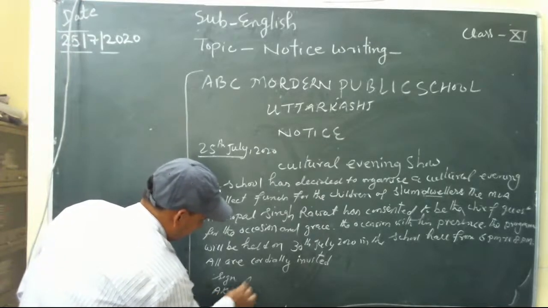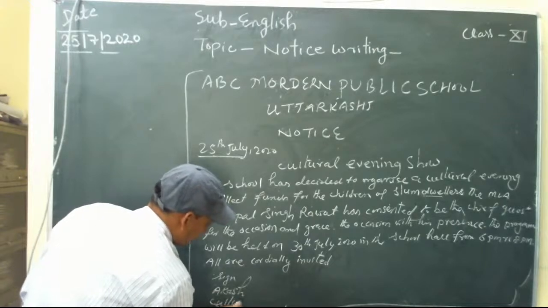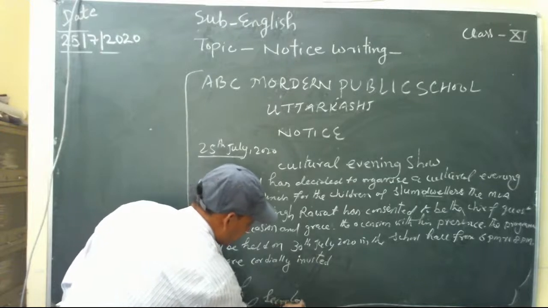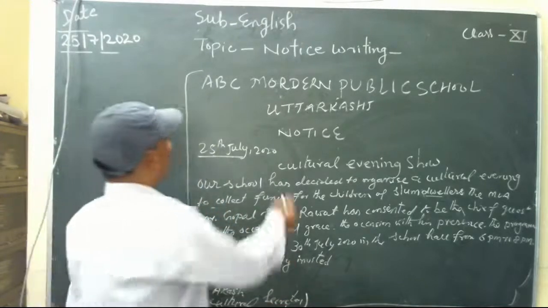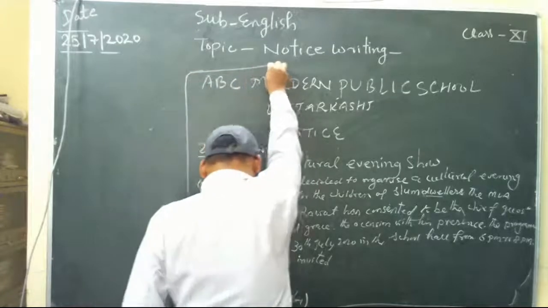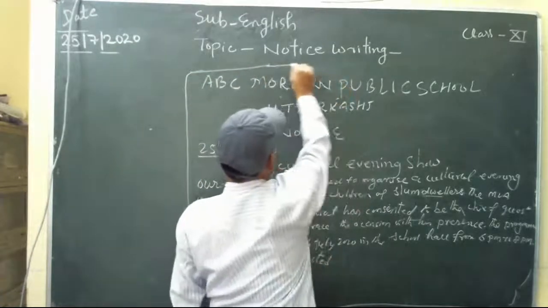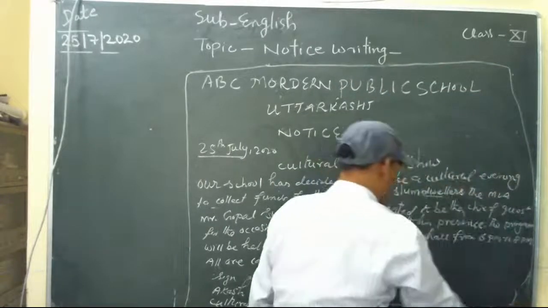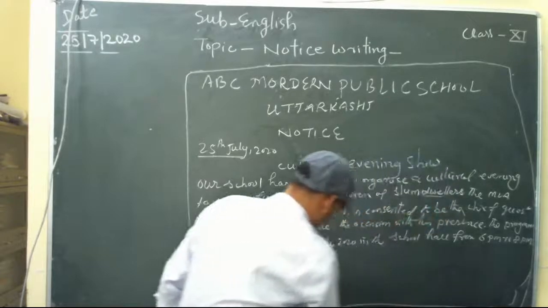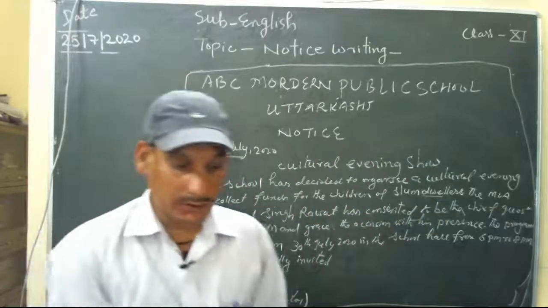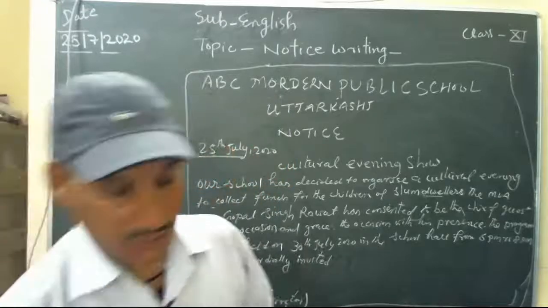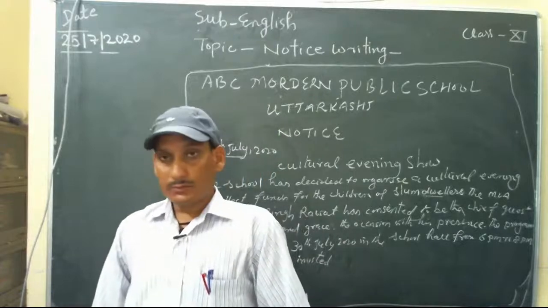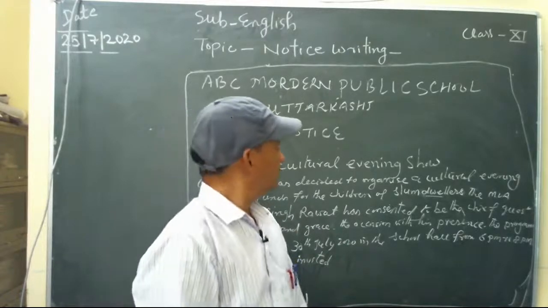You can again write here Akash, and then your designation, cultural secretary, and put this in brackets. And now enclose all the information in a box, and this is done. So in this way you will attempt your question, which will carry 3 marks.